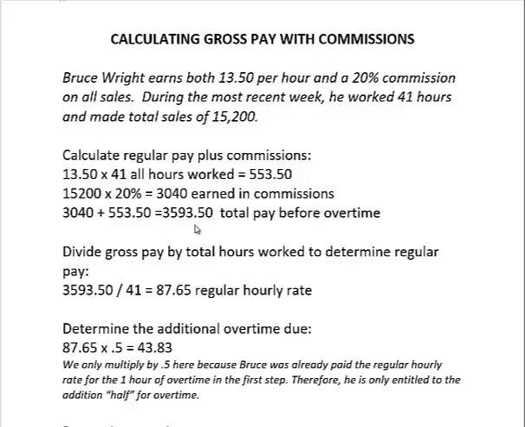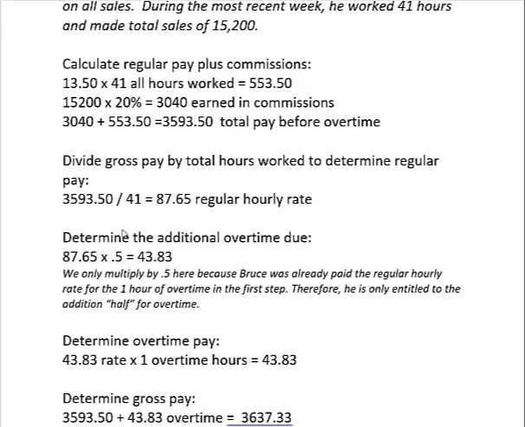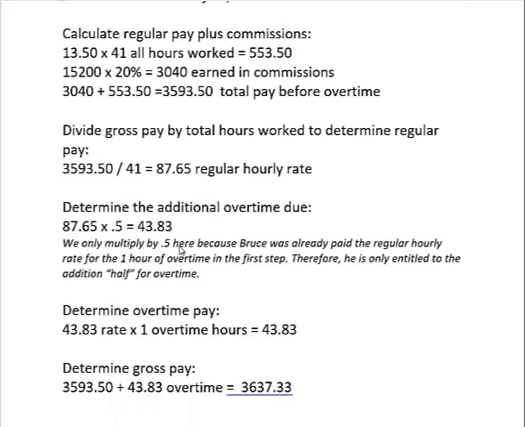So now we need to calculate how much overtime he's due, because he did work 41 hours. So we're going to take the pay that we just calculated and divide it by 41 hours. So he was paid $87.65 per hour. He's already been paid for the 1 hour of overtime at the regular rate.